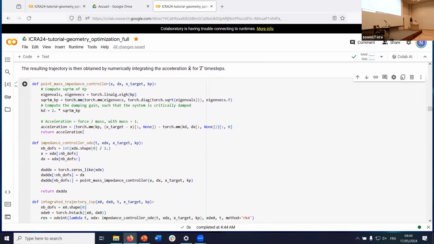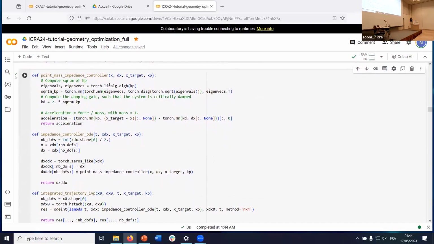Here I just have some functions that implement this point mass impedance controller. You see here, this is computing the critically damped gain based on the stiffness Kp, which is provided as input to the function. Then I'm computing the acceleration. Again, Kp, the stiffness, multiplies the target minus the current position.